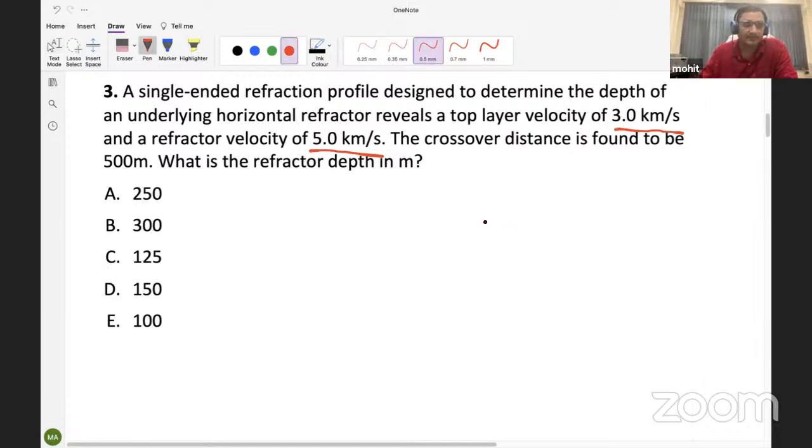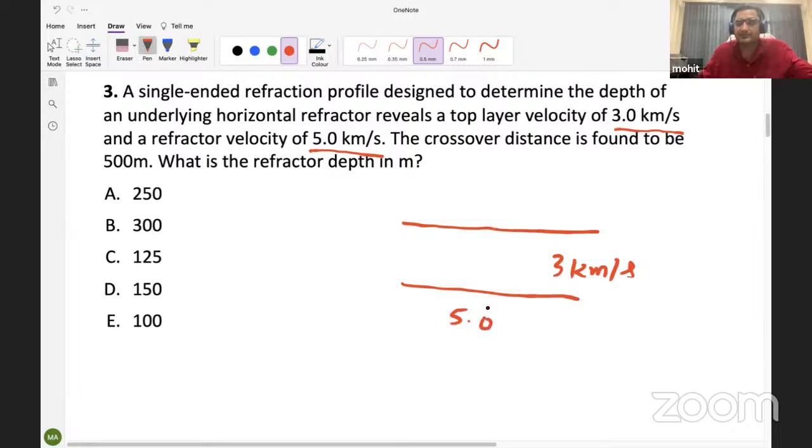So in this question, the top layer velocity is given, that is 3 kilometer per second, and the velocity of the half space is 5.0 kilometer per second. And the thickness of the layer given is 500 meter, or 0.5 kilometer. So, do you know what the crossover distance is?